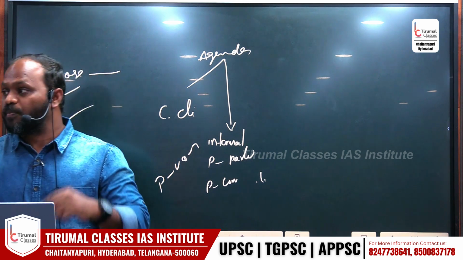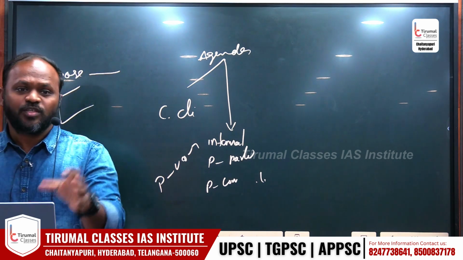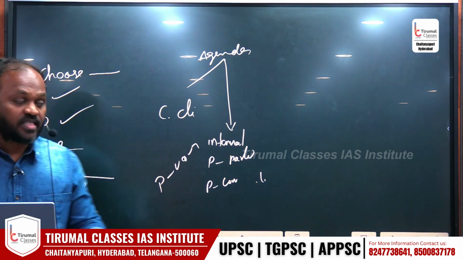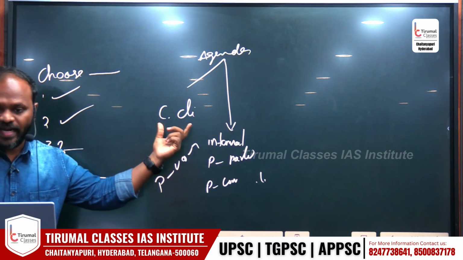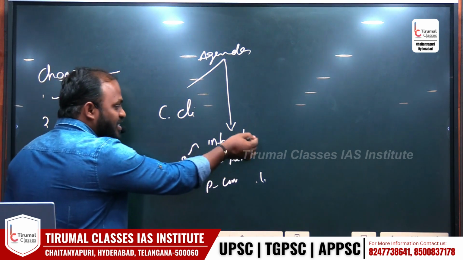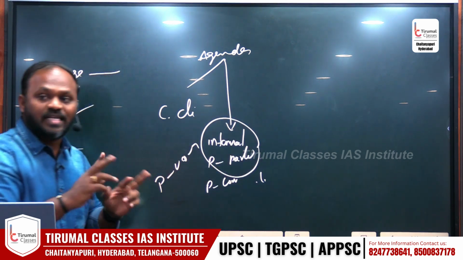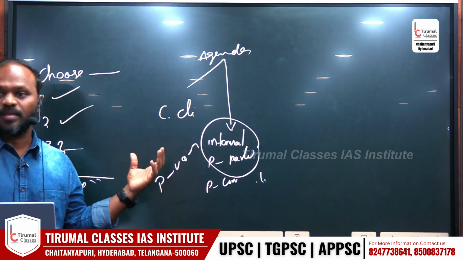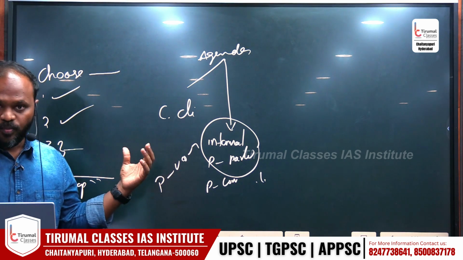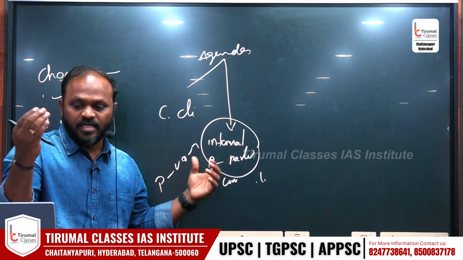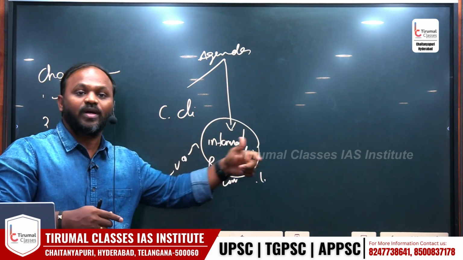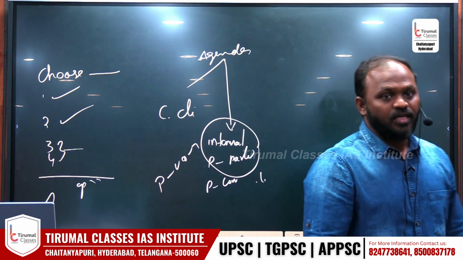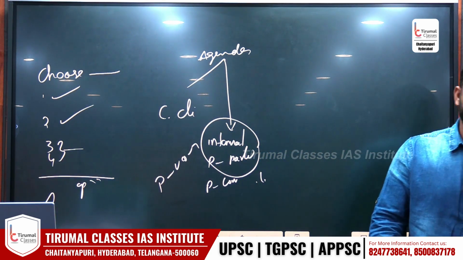Then only can you write prelims and mains, otherwise you will definitely get stuck. So the first thing is conceptual clarity. The second thing I should establish is internal connectivity: the connection between polity and other subjects, and within polity, from one topic to another. Otherwise, you will get stuck again in the prelims.